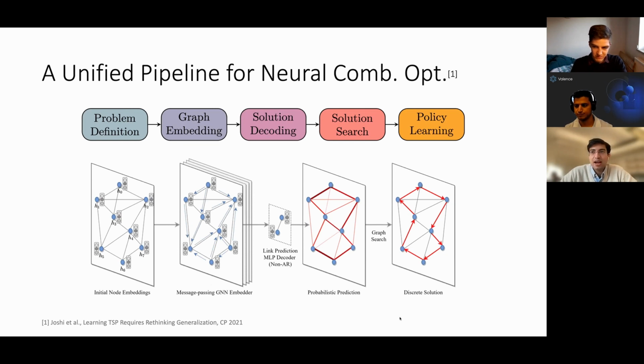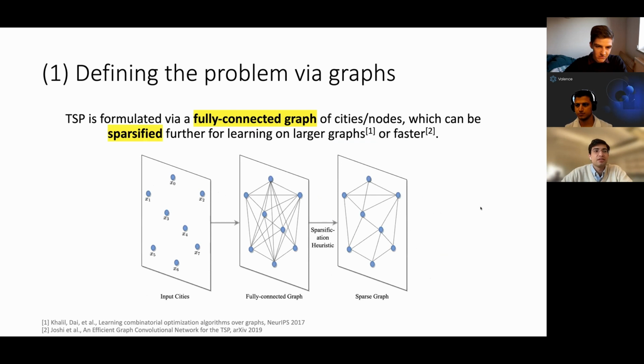And that's where a lot of classical or symbolic search components are mixed with your GNN. And then this whole model is trained either via supervised learning or via reinforcement learning. And we'll dive into each of the sections of this pipeline just to understand how people have gone about this.